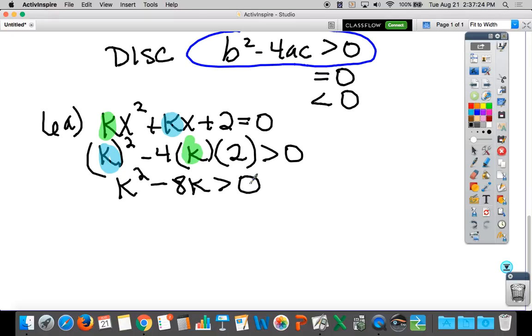So I'm wanting to know the values of k that will give me 2 roots. So what am I going to do at this point? Go to what? Polysolve. So go ahead and do that. I think there's 0 and 8.